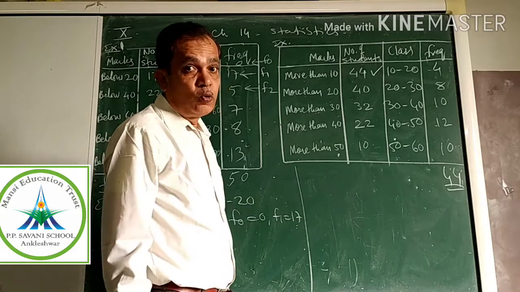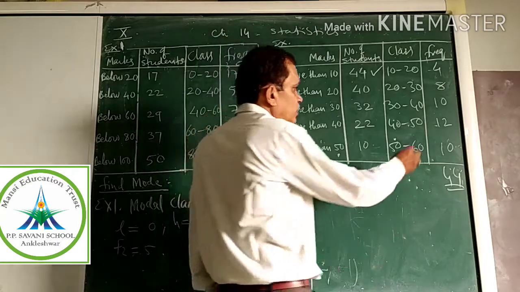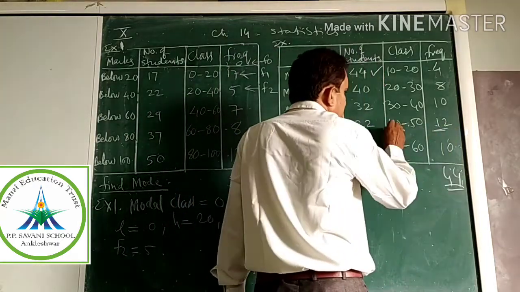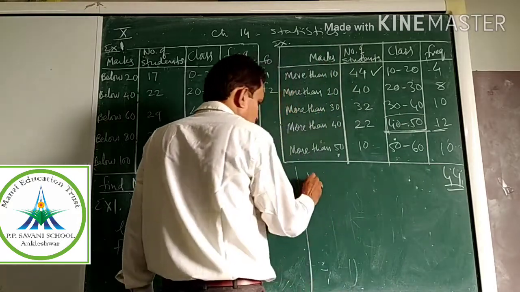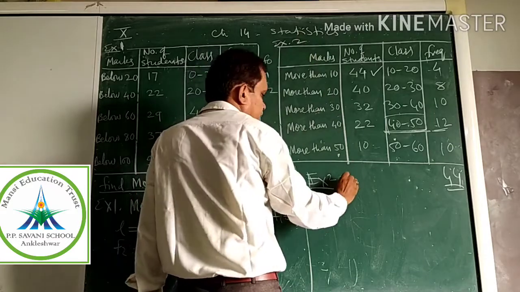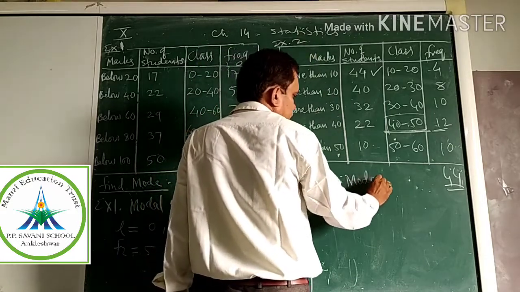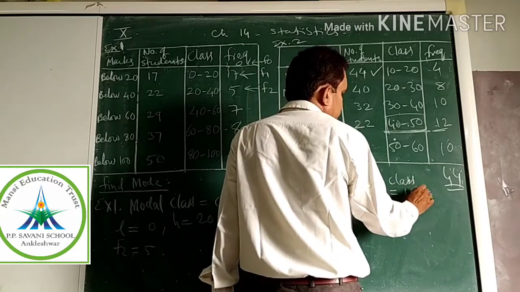Now, we will take the model class. The model class has the highest frequency, 12. So this is your model class. In this example 2, that is 40 to 50.